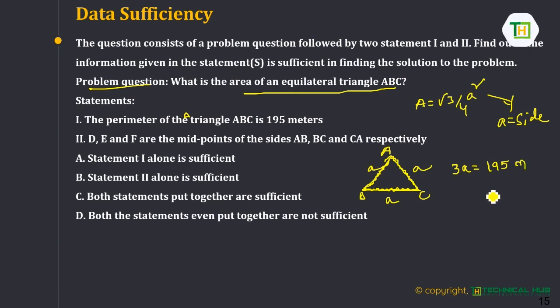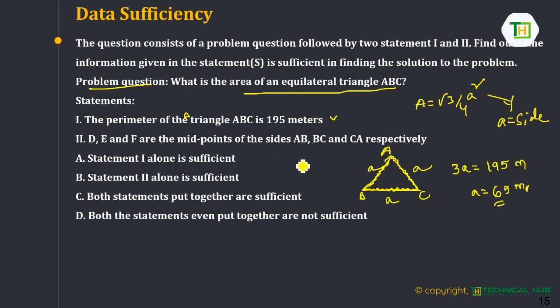What is the a value? a equals 195 by 3, which is 65 meters. Once you find the a value, can you calculate the area? Yes, definitely you can calculate the area of the equilateral triangle. So statement 1 is sufficient to answer the problem question.